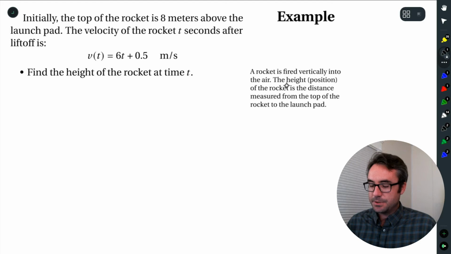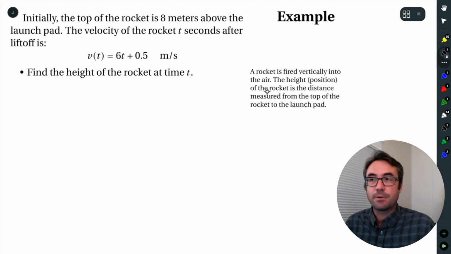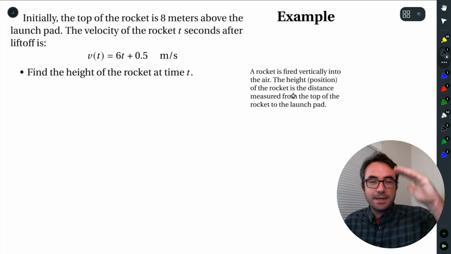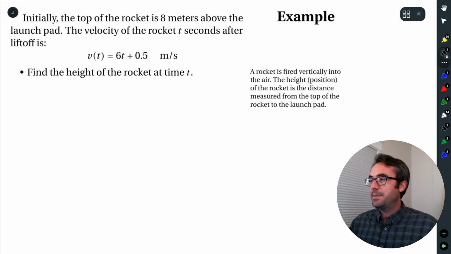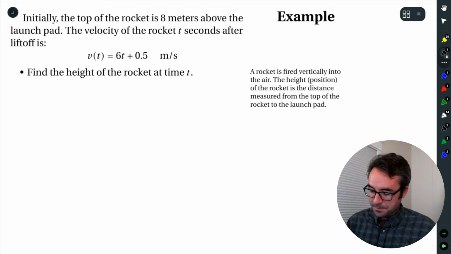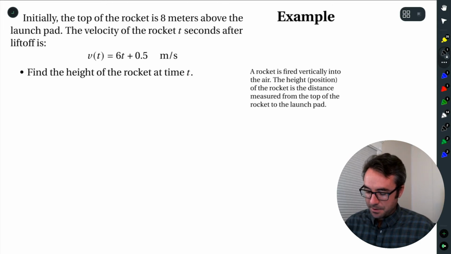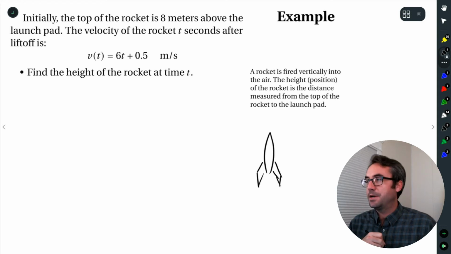And what we're doing here is the height or position of our rocket is the distance measured from the top of the rocket down to the launch pad. So maybe a little picture might be helpful. We have our little spaceship here, ready to blast off.